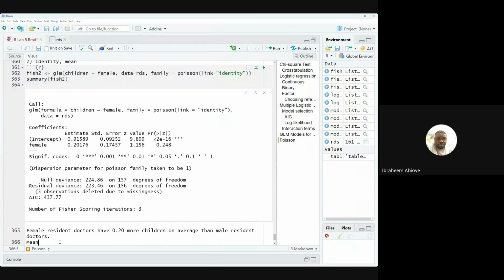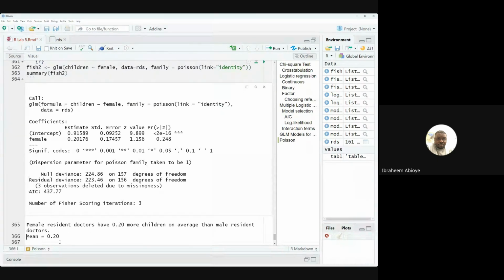The mean difference is 0.2. Okay. So what it's doing essentially is calculating the mean number of children among the male resident doctors and the mean number of children among the female resident doctors, and finding the difference between those two means. Okay.